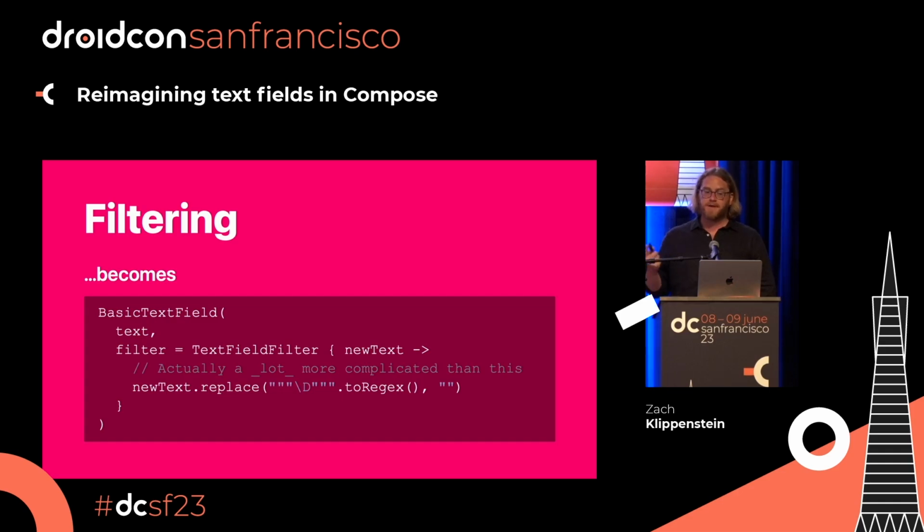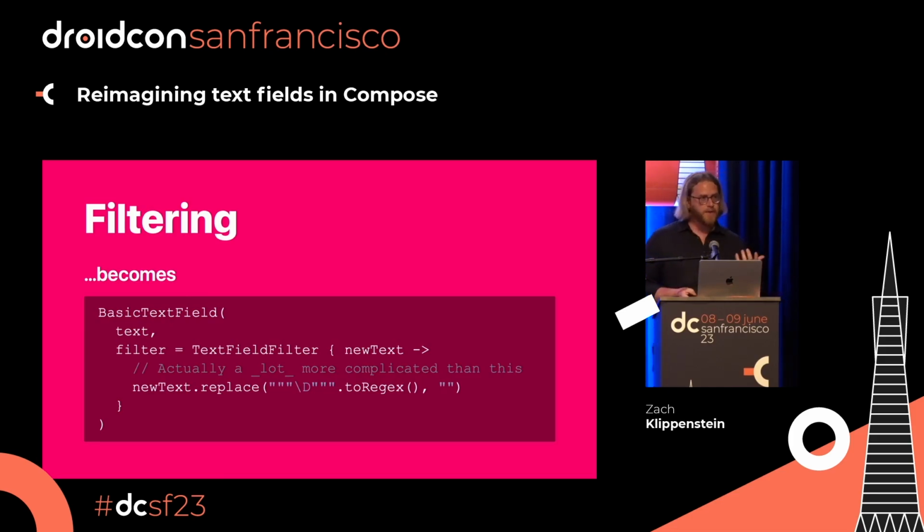So with the new API, since you don't have that callback anymore, we have an explicit filter parameter and this text field filter type. And it's basically just like a function that gives you a text field buffer again that we just saw. And you can look at that. That buffer has the new changes, and you can do whatever you want with that buffer. One thing I'm not showing here, but it also actually has specific information about what changed.